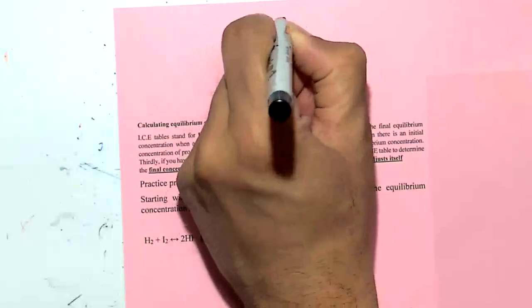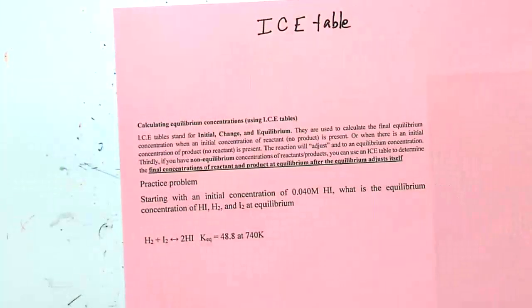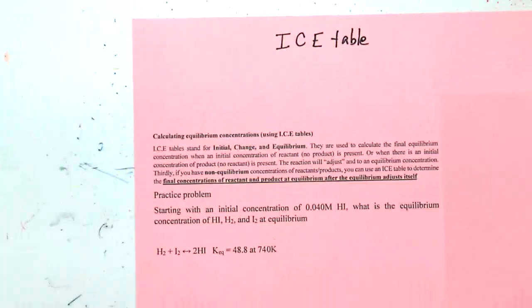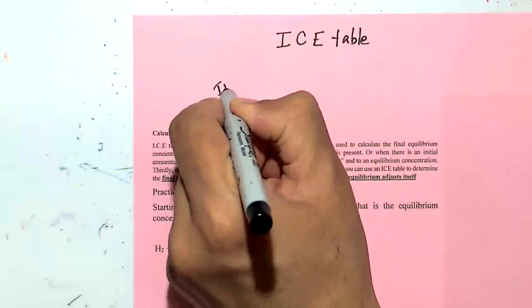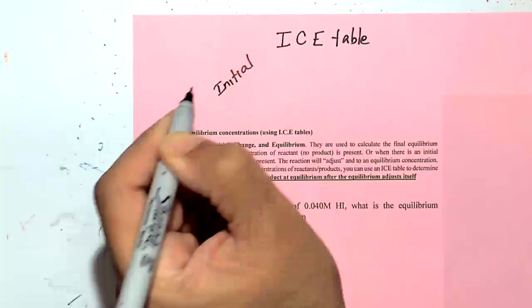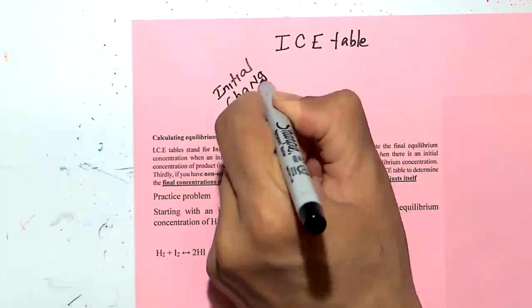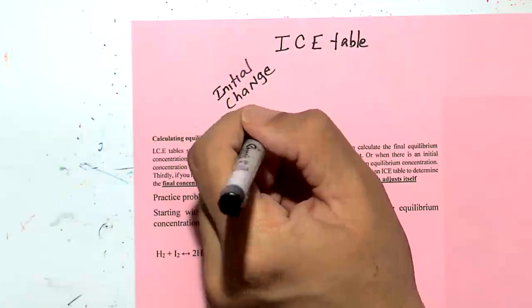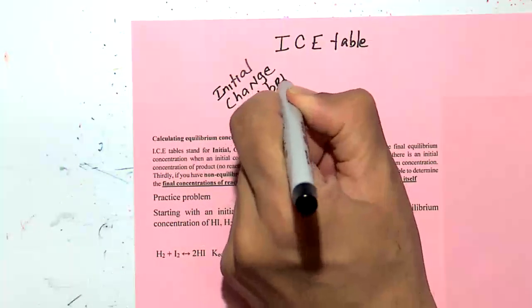So we're going to construct an ice table here for these equilibrium problems. What does an ice table stand for? The I in ice stands for initial. The C stands for change. And the E stands for equilibrium.